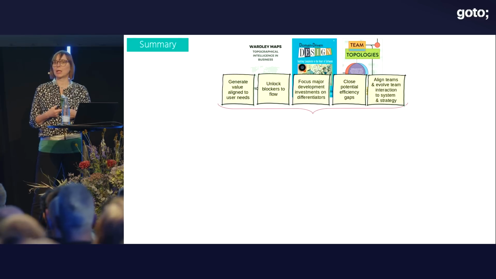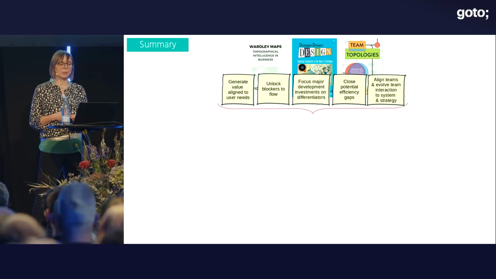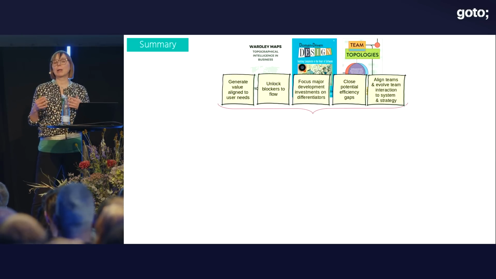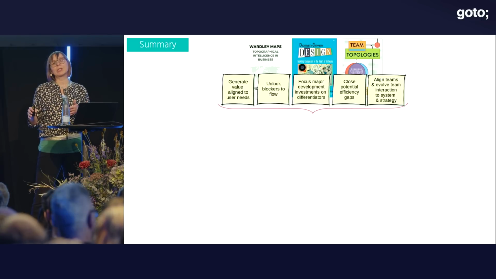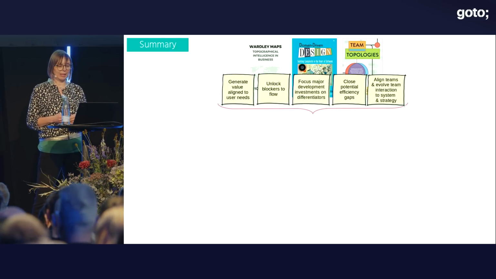It helps us to unlock blockers to flow. It helps us to focus our development investment on our differentiators, providing competitive advantage. It helps us to close potential efficiency gaps in aligning our teams and evolving their interaction to the system we build and the strategy we plan.